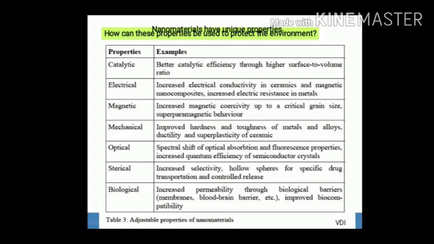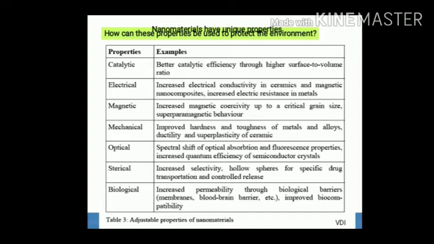For optical, spectral shift of optical absorption and fluorescence properties, increased quantum efficiency of semiconductor crystals. Spherical, increased selectivity, hollow spheres for specific drug transportation and controlled release.